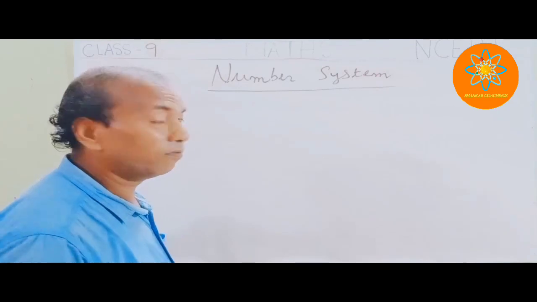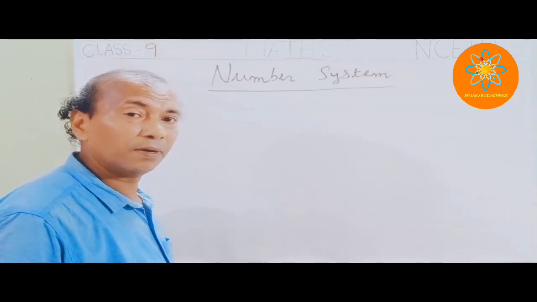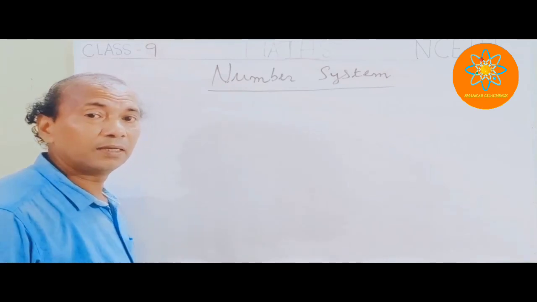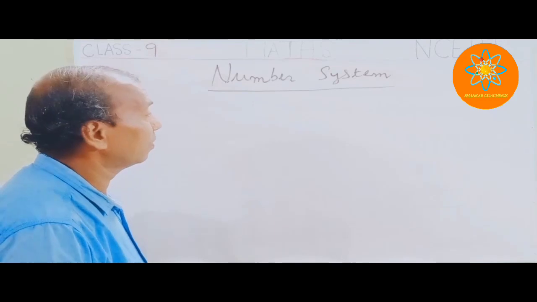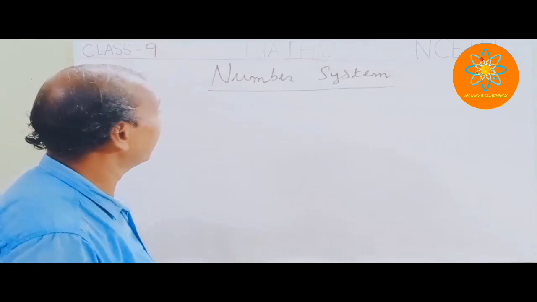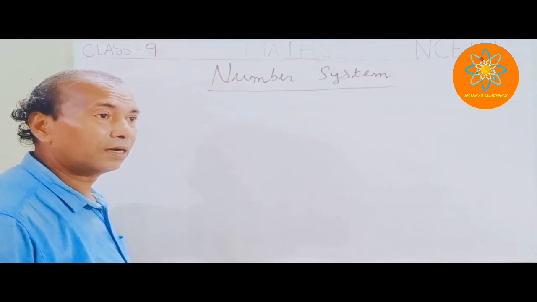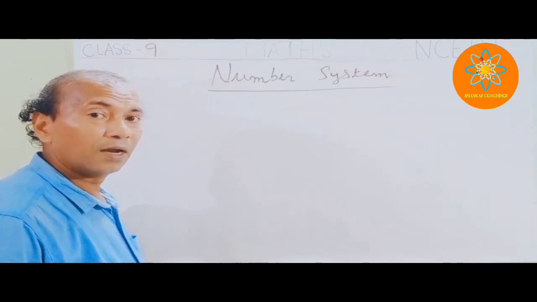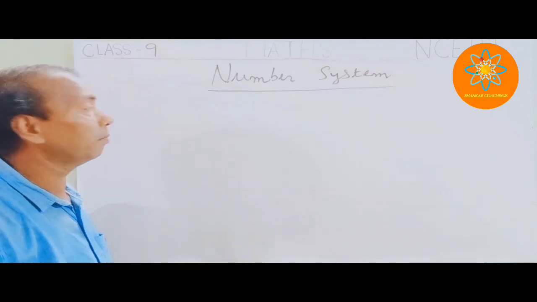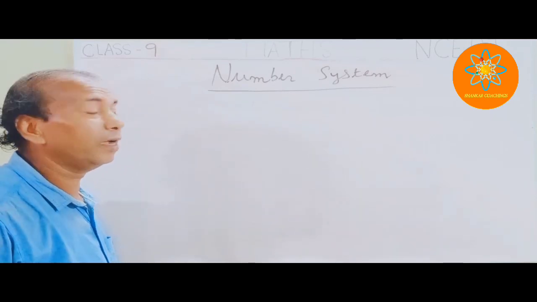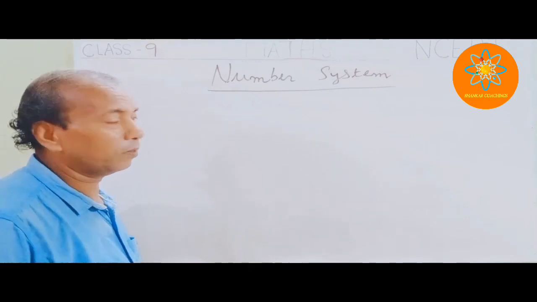And if we add negative of this number, then we got the integers. And if we take the number in the p by q form, then it is a rational number. And if we are not able to represent it in the p by q form, then it is an irrational number. So I am coming one by one.